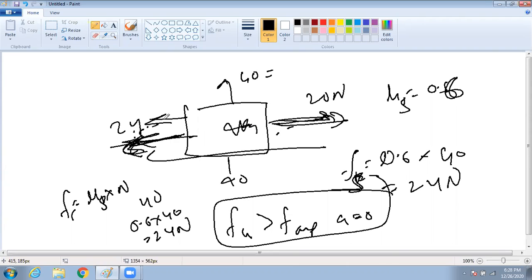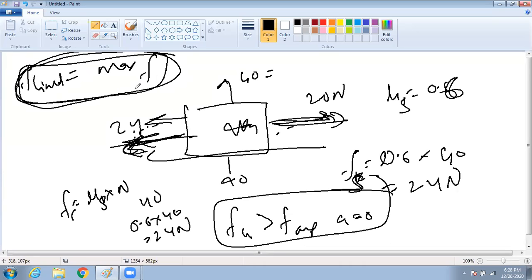But it does not. So the static friction should be 20 Newton, so that both cancel each other. Correct, your answer is correct. Only what you are saying: what is F limiting? What did I say at the start? It is a maximum force.